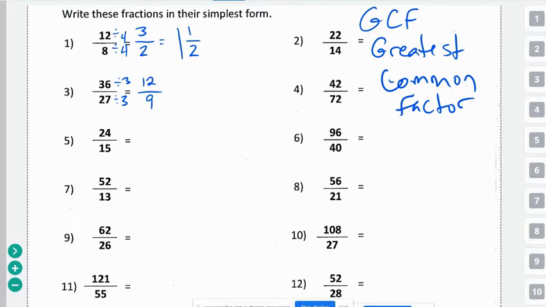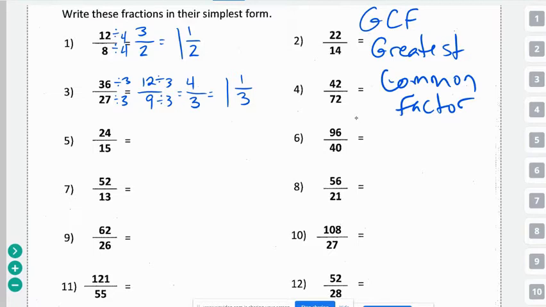I do not think that is simplified enough because 12 and 9 both can be divided by 3. 12 divided by 3 is 4, and 9 divided by 3 is 3. 4/3 is still not quite simplified. We keep the denominator the same, and we do 4 divided by 3. 3 can go into 4 one time with 1 left over.